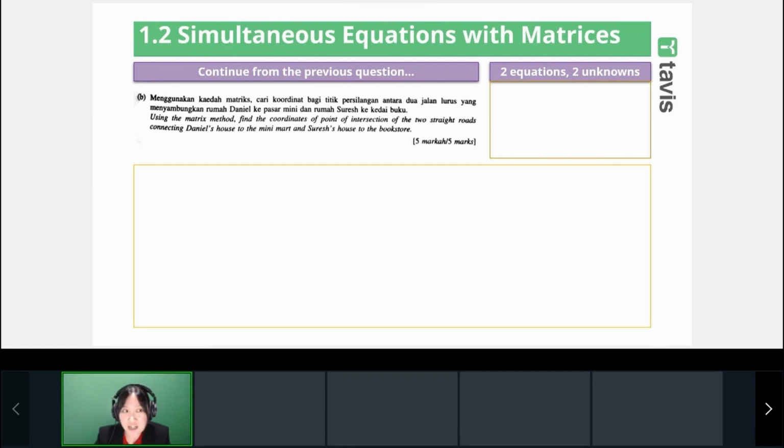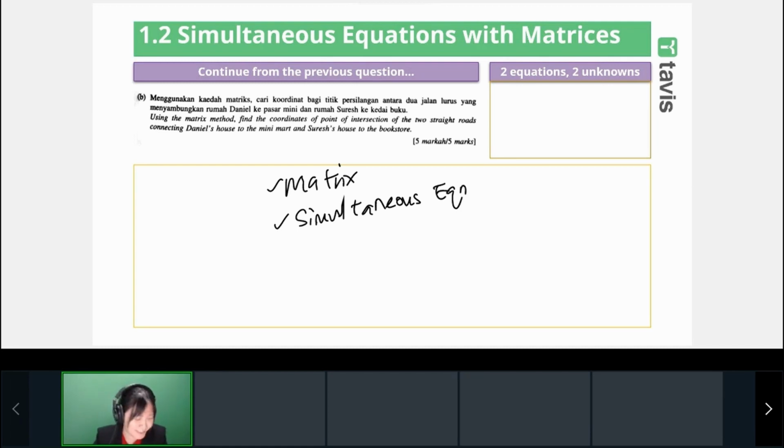Today my plan is actually to cover 3 topics. A bit ambitious, right? My plan is to cover matrix today. Then simultaneous equation, which in Malay is persamaan serentak.